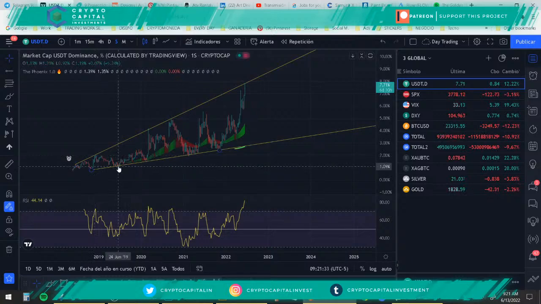Then we had a run, and that matched exactly with the 24th of June of 2019, and then we went sideways until February 2020, and then we had another bear market. Well, we have the COVID on March of 2020. So you can see that so far this has been accurate.